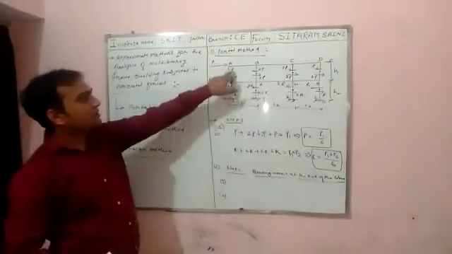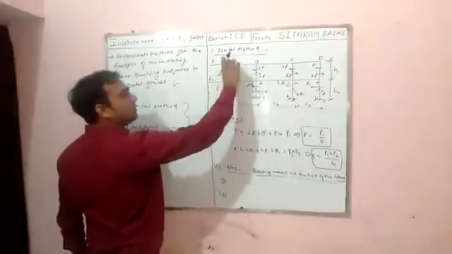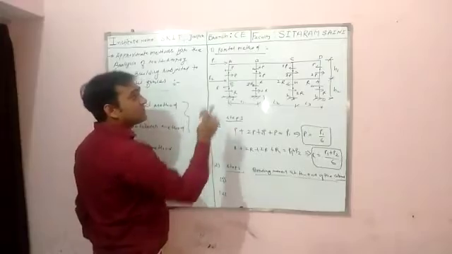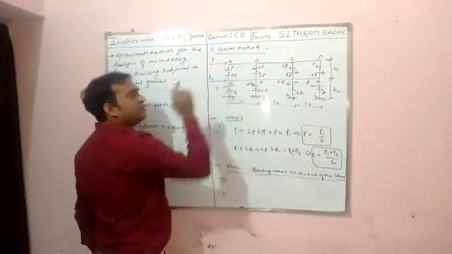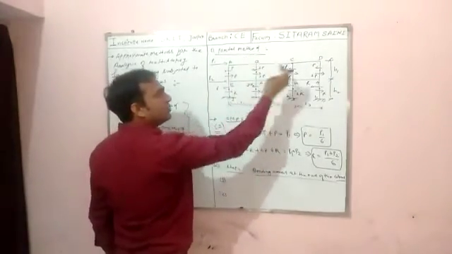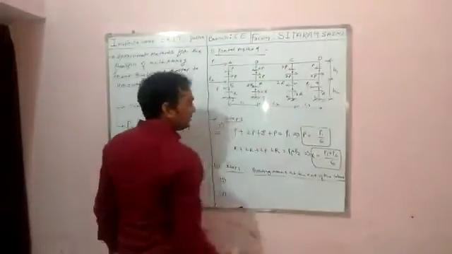For the first story, P into h by 2, that is called bending moment at the end of this column. 2P into h by 2, 2P into h by 2, P into h by 2.